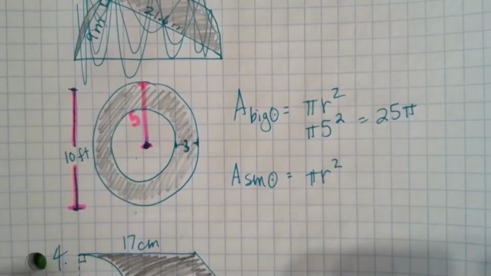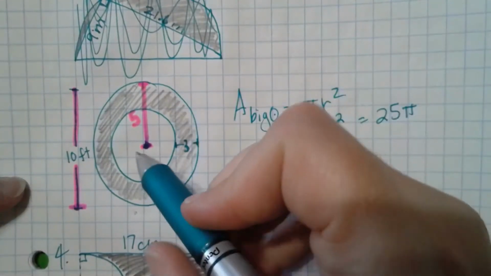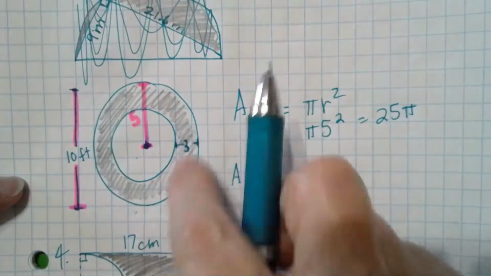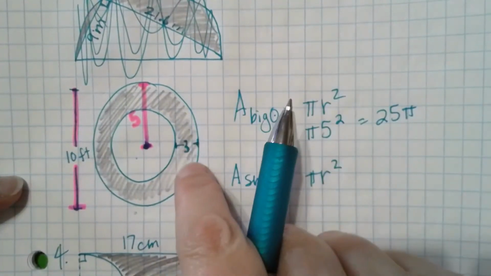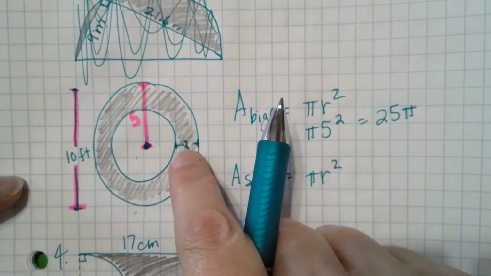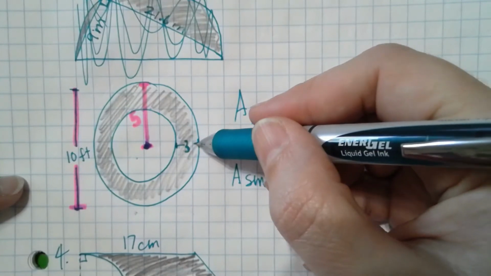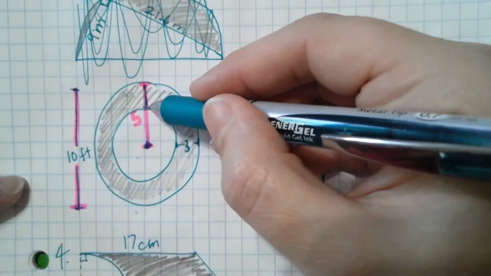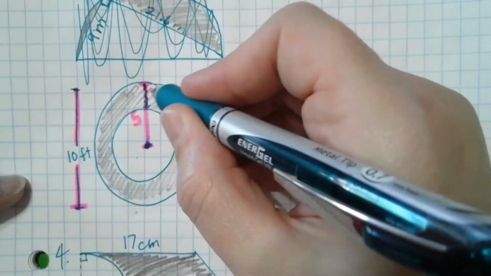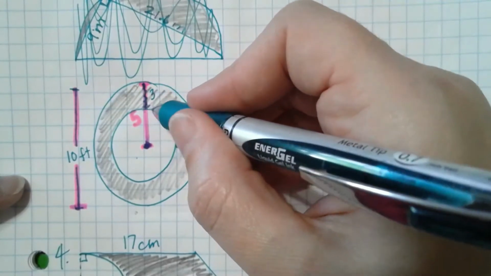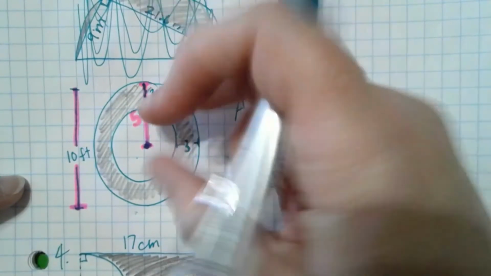Okay, let's look at the smaller circle. So the smaller circle has this piece. Well, not really. That piece is not really given to us, is it? We're removing this 3, this shaded part right here. That's 3. How much is left inside the circle right here?